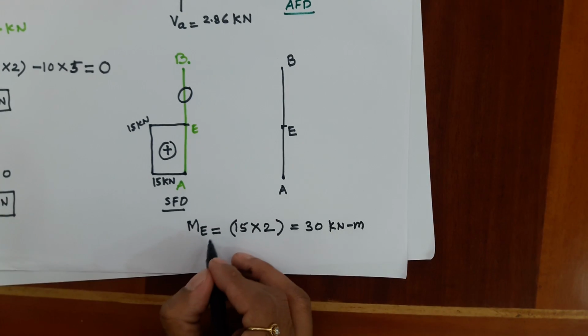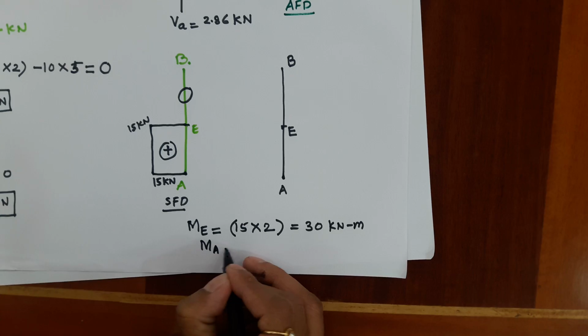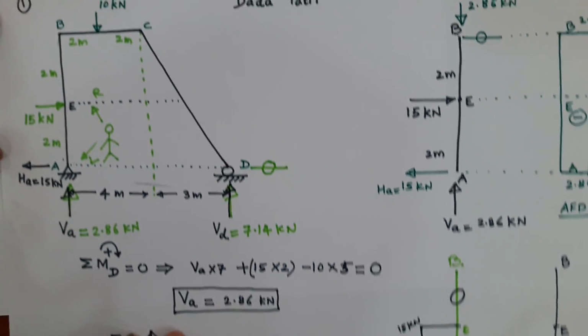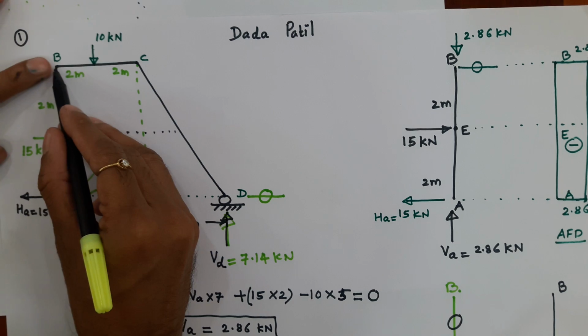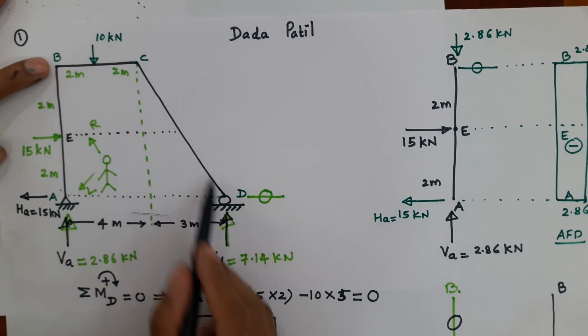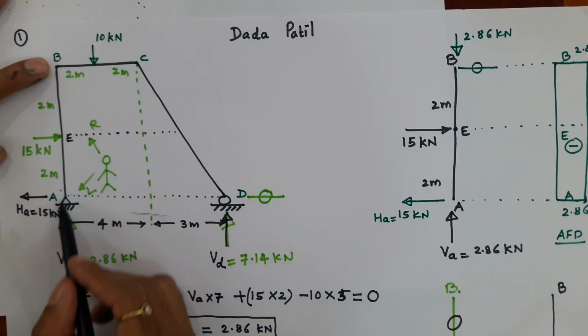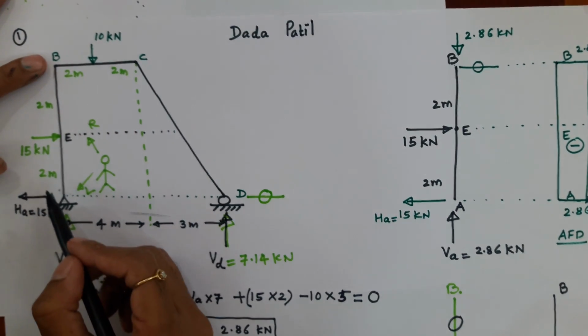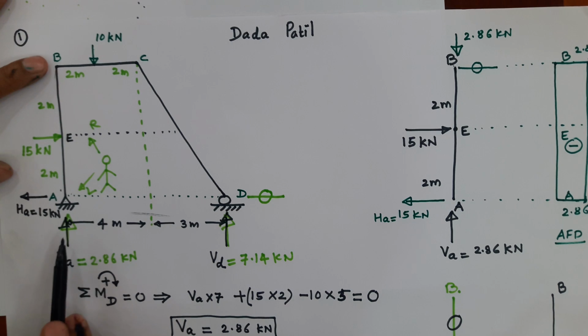Already I told you that the bending moment at A is 0. Now coming to point B, again as per the definition of bending moment, I have the liberty to consider either part BCD or part BEA. But again part BEA will be simple. So let us consider.